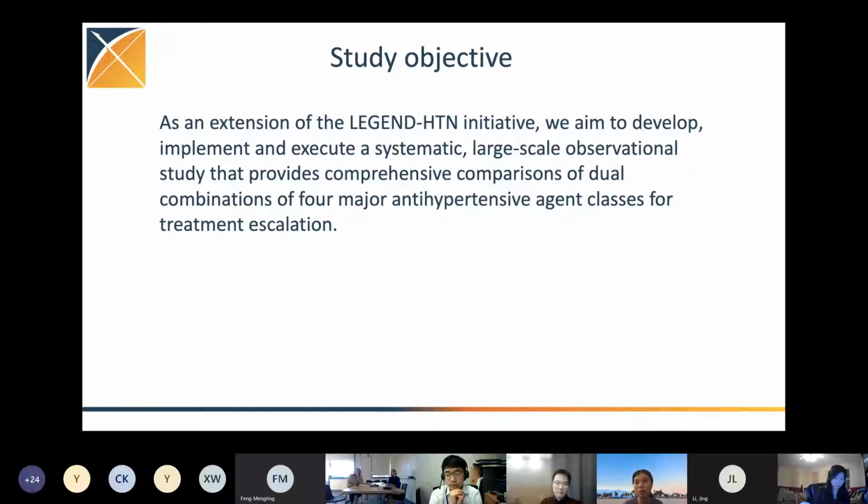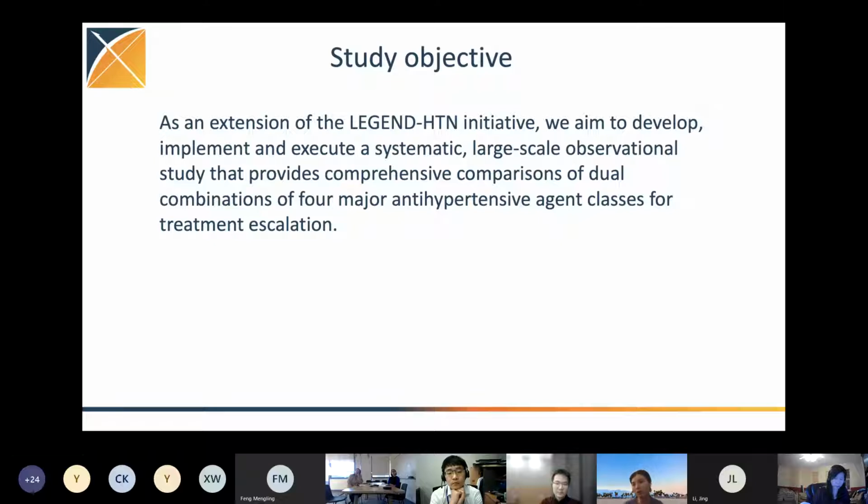Here, we want to build on this Lancet paper, and we want to develop a large-scale observational study that provides comparison of the dual combinations of 4 major antihypertensive drug classes for treatment escalation. Here, the key is treatment escalation.